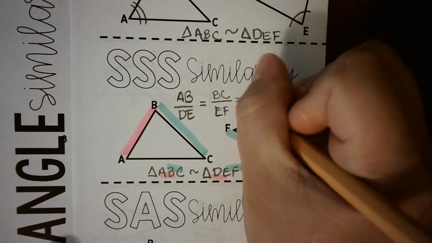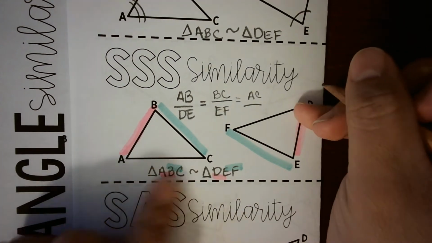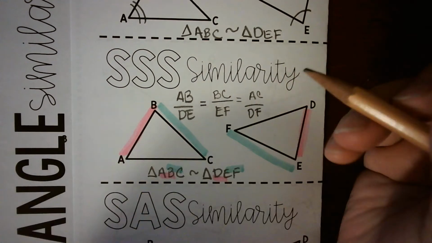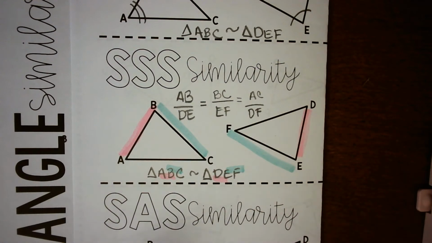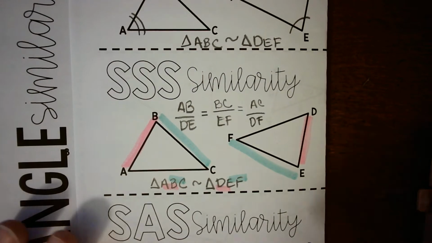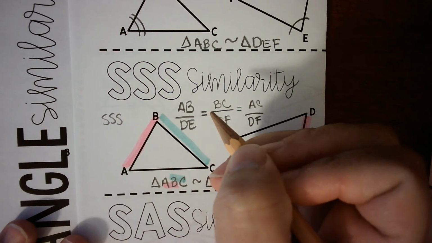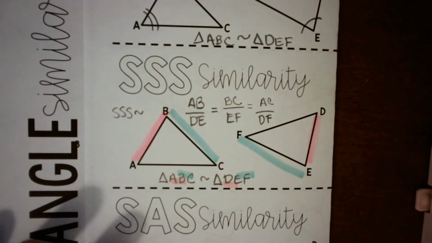And then the last one, I have AC, and that's got to correspond with DF. So when you simplify those ratios, they would have to be the same to be by side, side, side similarity. And how you usually write it is by the side, side, side like this, just like we did it with congruent. But we have to write the similarity statement, which is that little wiggly line.